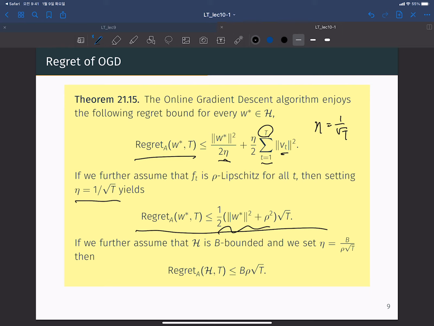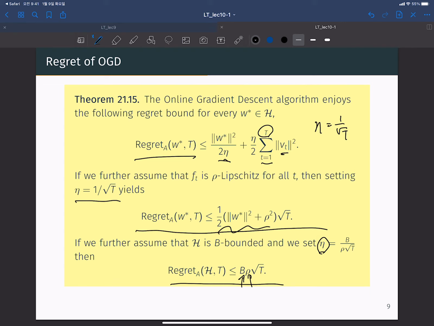Using this, we can tighten the bound with a tighter step size, eta equal to b over rho times square root of T. Then the regret is upper bounded by b times rho times square root of T. Here b is the bound constant and rho is the Lipschitz constant.